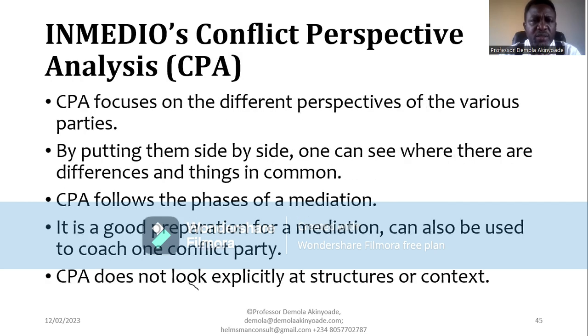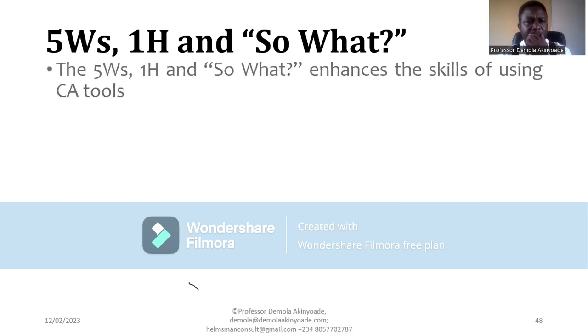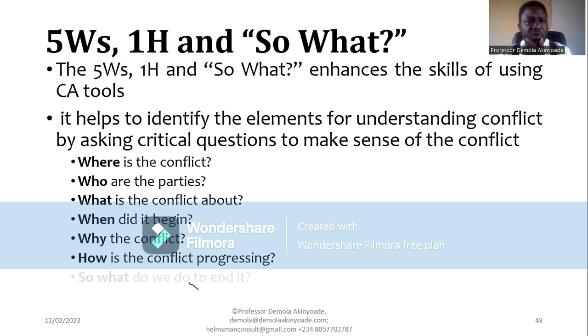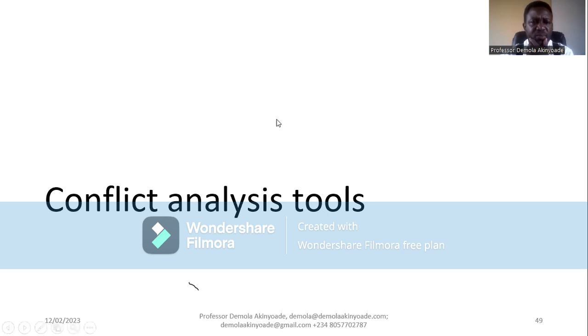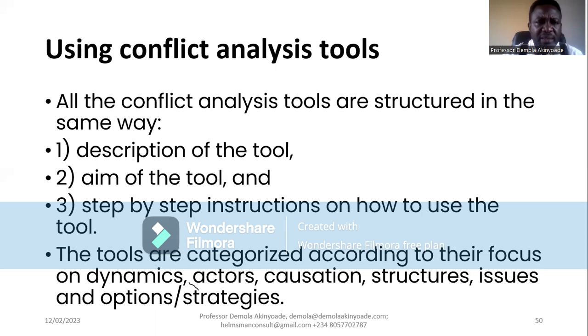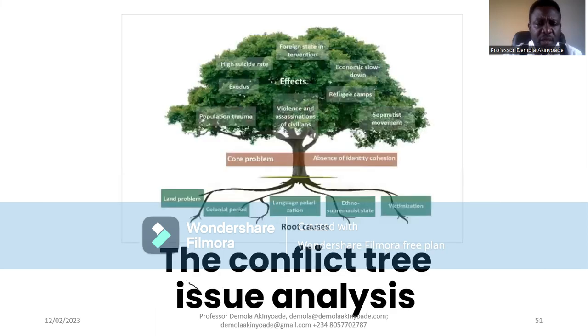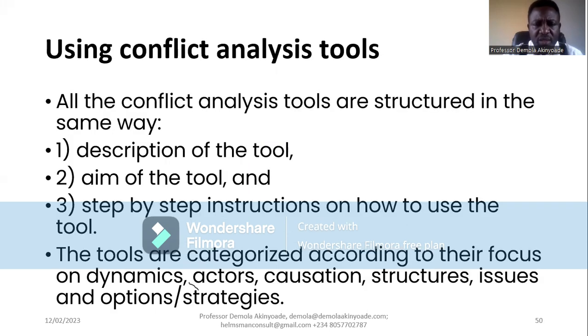Okay. So I want to start with, let me start with the onion model, I guess. Okay, I will be starting with conflict tree.